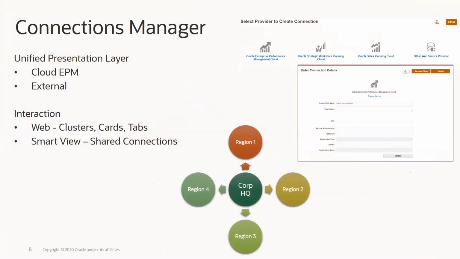I do want to talk about Connection Manager because this is something which is inherent within the EPM Cloud platform. It's extremely powerful, but it doesn't get talked about much in our sales cycles or in customer presentations. But it's the heart of everything, right? Because in EPM, we allow you to spread your application definitions across the enterprise. And those definitions don't need to adhere to a common chart of accounts structure.